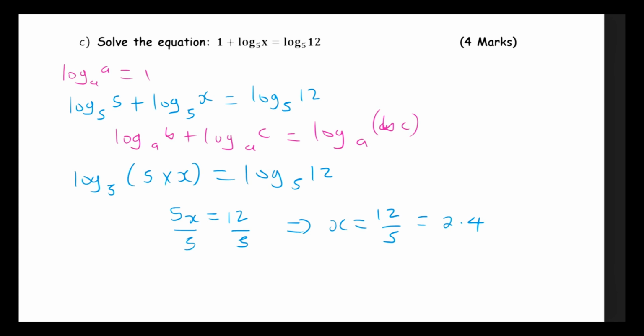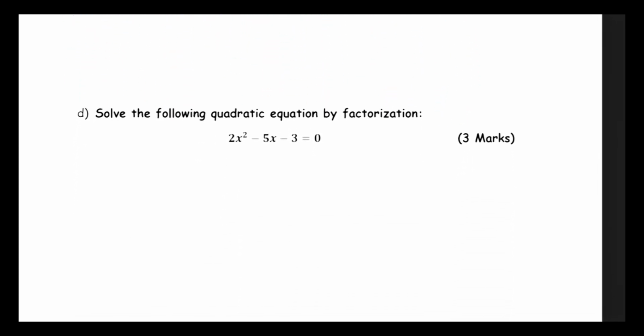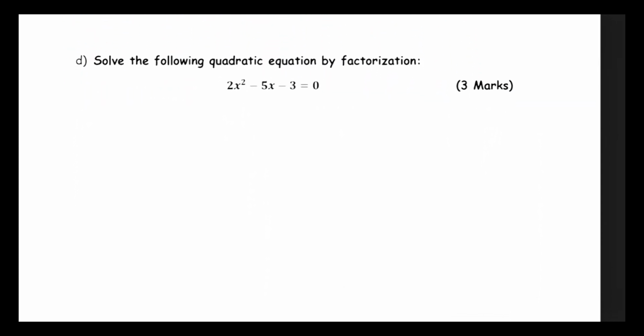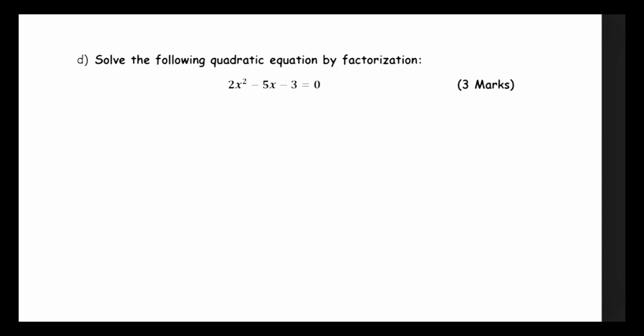So let us move on to the next question, that is part D. We are required to solve the following quadratic equation by factorization method. For factorization, we are going to look for two numbers whose sum is the same as b. b in this case is -5.